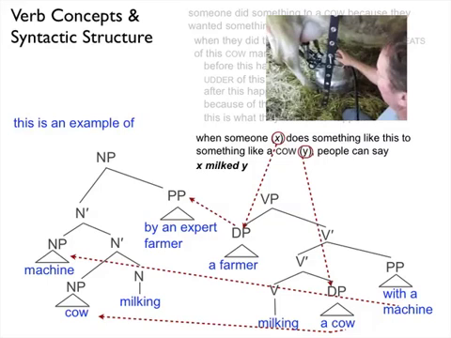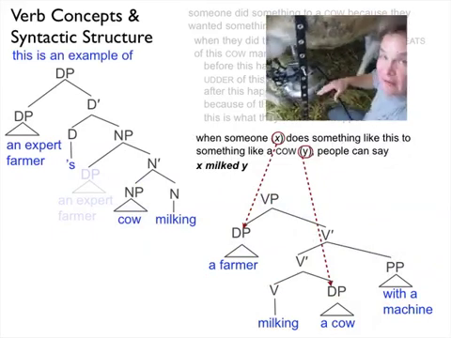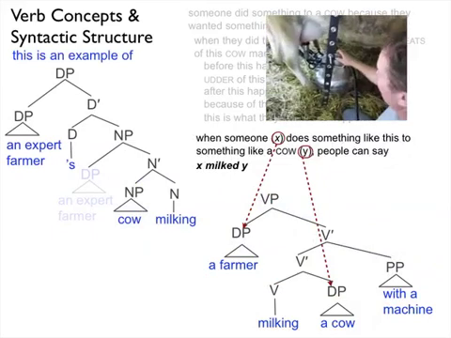So it can go in that way, but it can also go into the subject slot because we have a different sort of structure. "That's an example of an expert farmer's cow milking." Would be okay as well, right? So we have a range of different possibilities, and in every case, it looks like we can have those things fit into the structure in a natural way.